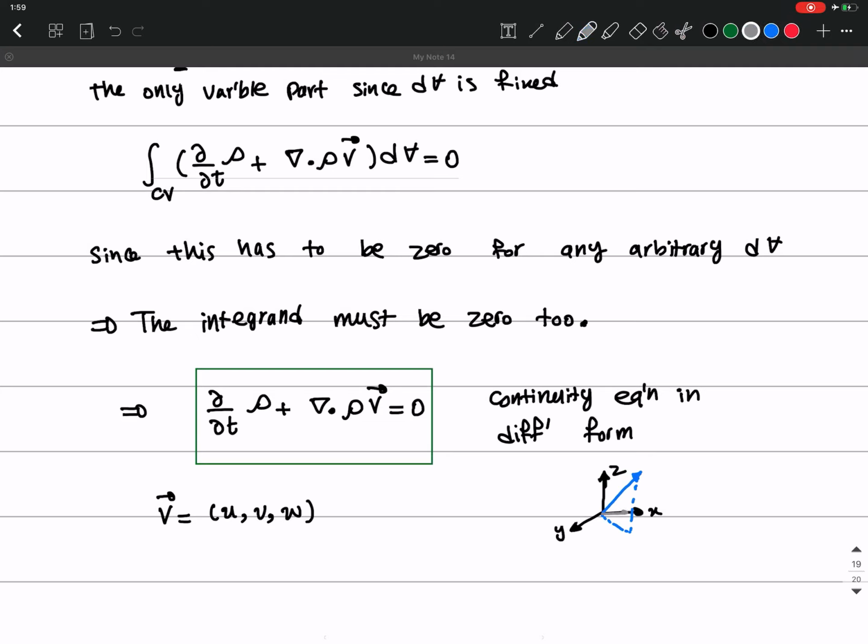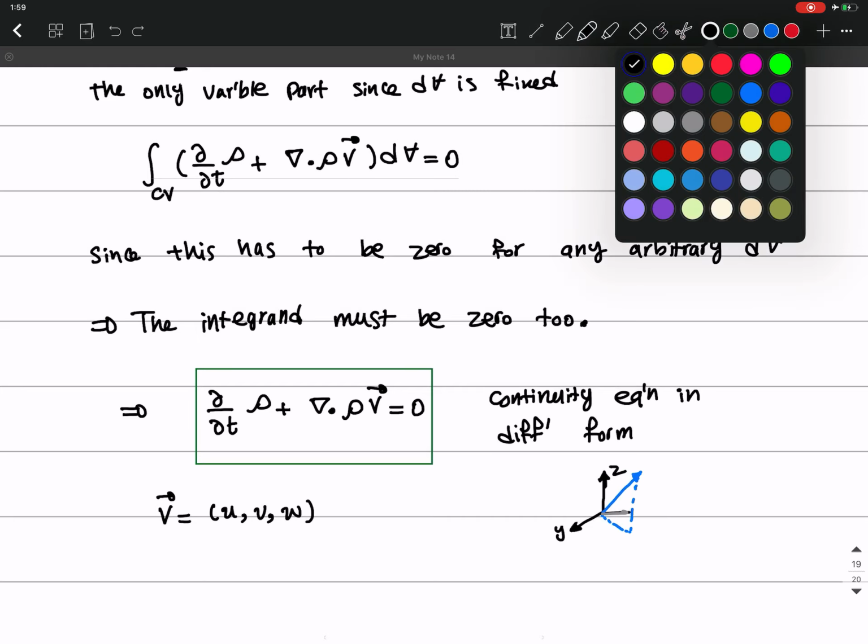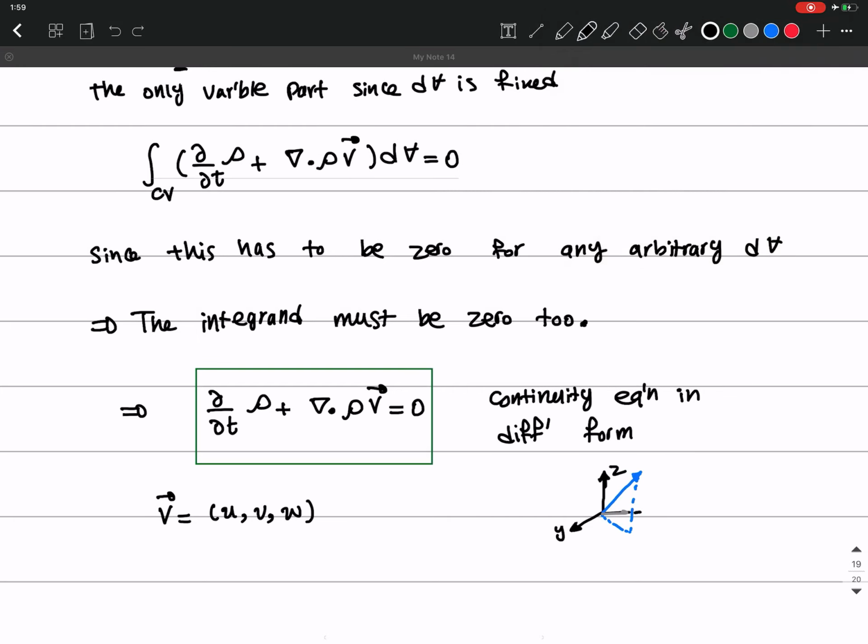This is going to be U in the X direction.